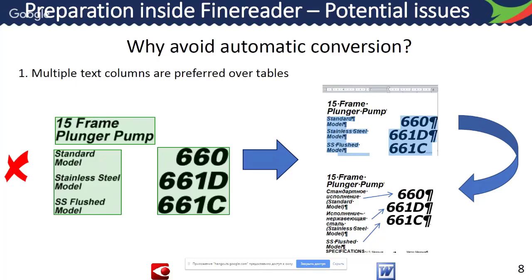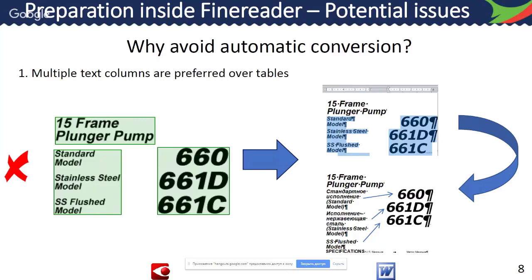Our text columns are not the same thing as a table. Multi-column text flows to the end of the first column or until a manual column break, and then continues at the beginning of the second column. And this is not how tables behave. So when the text expands during translation, it is usually difficult to align text in one column with certain text in the second column.